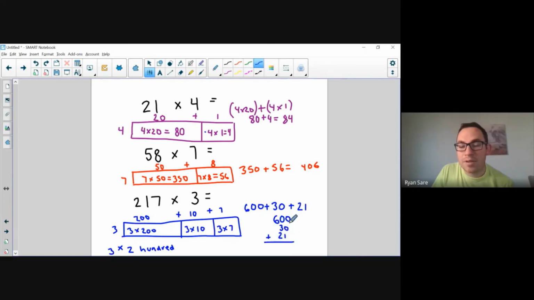Add those up. 0 plus 0 plus 1 is 1. 0 plus 3 plus 2 is 5. And 6 plus nothing is 6. So the answer to 217 times 3 is 651. So that's another strategy that we can use to multiply numbers together.